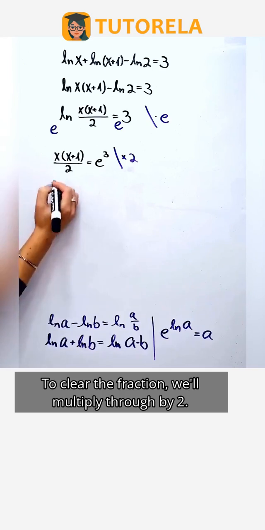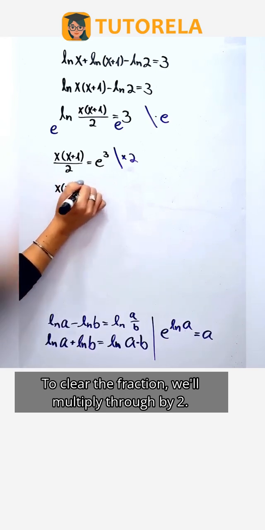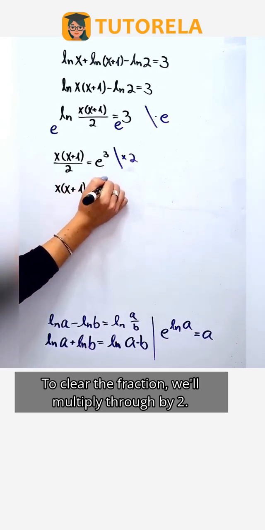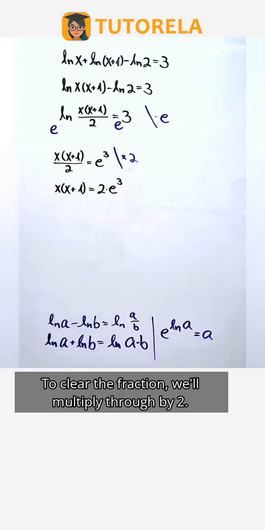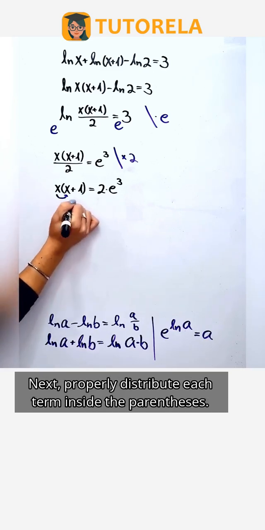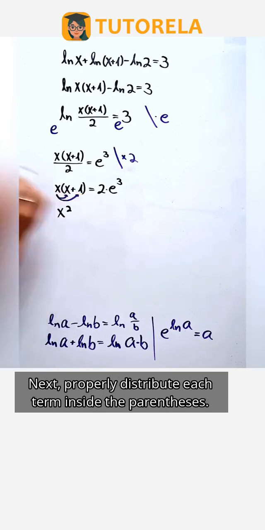To clear the fraction, we'll multiply through by 2. Next, properly distribute each term inside the parentheses.